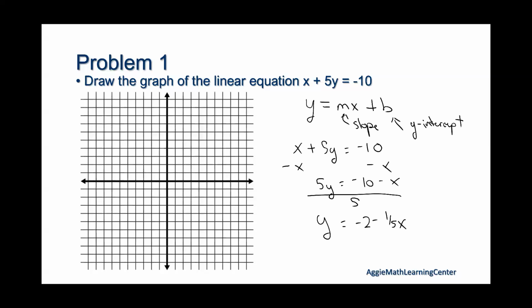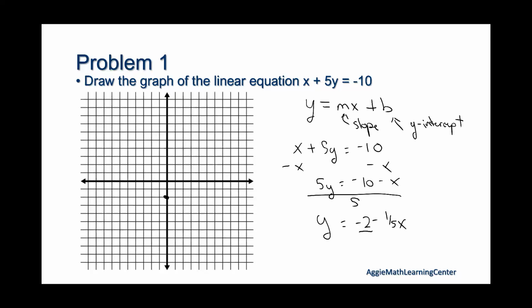So once again, this constant term here is our b in this situation. So that's telling us the location of our y-intercept. In this case, it's going to be this point here, negative 2. And then our slope here, negative 1/5, is telling us that it's going to be rise over run.